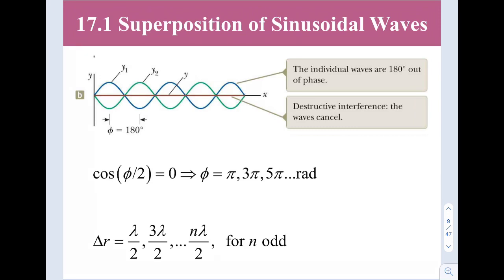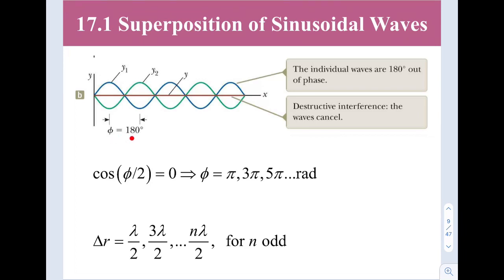Alright, then next figure, figure 17.4b. We have y1 represented by the blue line, and y2 is the green line. If you see here, the moment y1 reaches its crest, y2 is reaching its trough, so they are out of phase, 180 degrees, totally opposite.